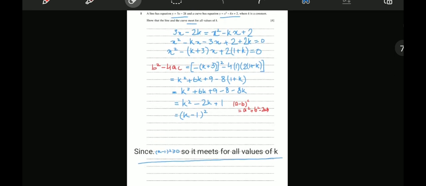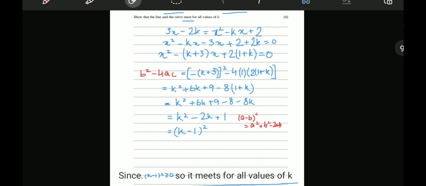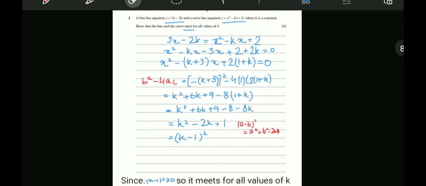Now we have to give the reason. In the question they have asked you to show that the line and the curve meet for all values of k. So see, k minus 1 whole square is greater than or equal to 0, so it meets for all values of k. How can we say that?